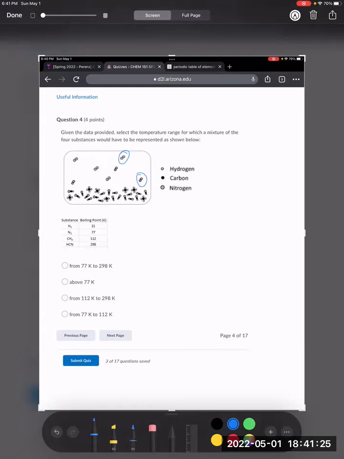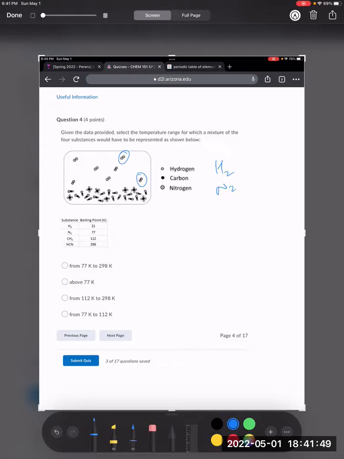So the idea is, with respect to the boiling temperatures of hydrogen and nitrogen, the temperature must be above the boiling temperatures of these. So the hydrogen and nitrogen have 21 and 77, so it needs to be above that.